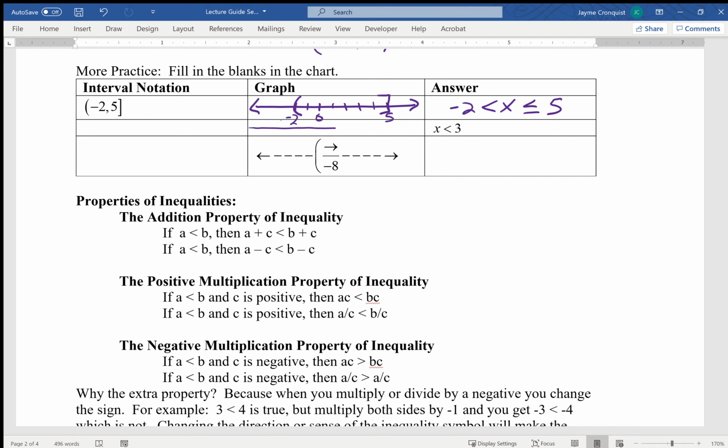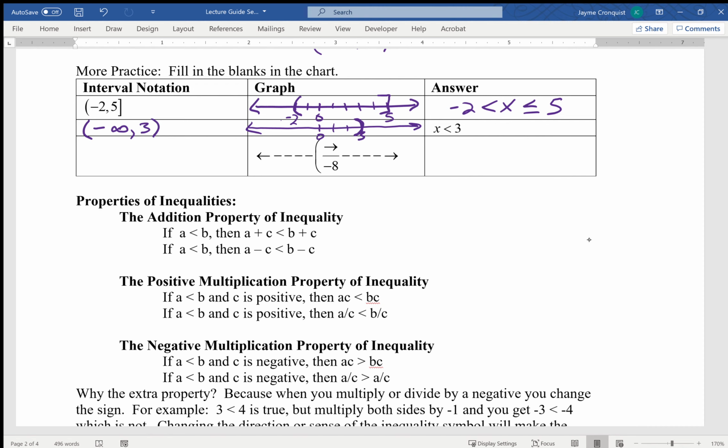Okay, x is less than 3. So if we were going to graph this, 0, 1, 2, 3, we put our 3, no equal to, so we just put the open parenthesis. So this is going to go from -infinity, because it's less than, all the way up to 3 with a parenthesis on both, because infinity always has parentheses.